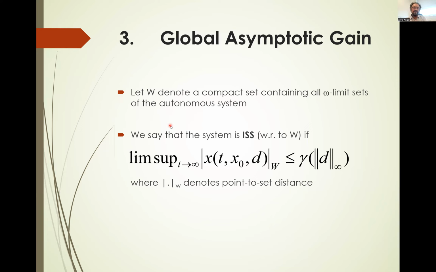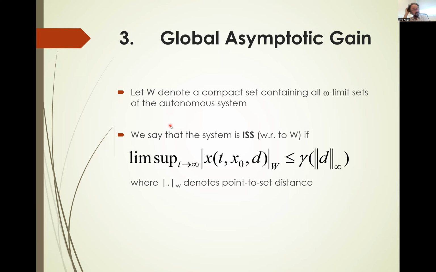Here we've got this notion of asymptotic gain. We take a set W, which contains all the omega limit sets of the autonomous systems. And we say that the system is input to state stable with respect to W if we have that the distance to W, denoted as this norm with the subscript W, in the limsup is less than or equal to a K-infinity function of the infinity norm of the disturbance.